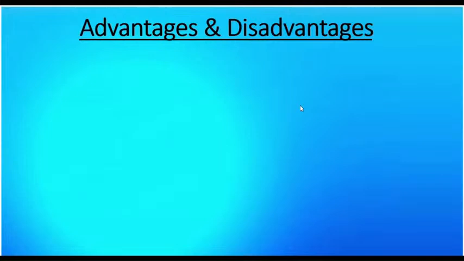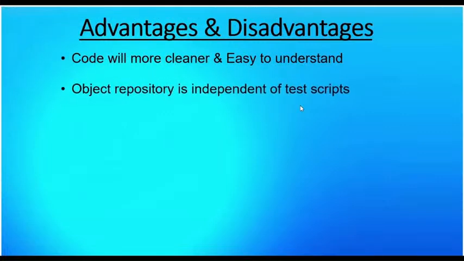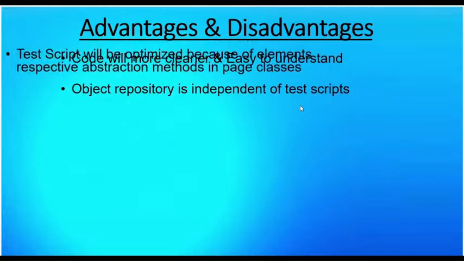So let's discuss what the advantages and disadvantages of using the page object model concept are. The code will be cleaner and easier to understand if you follow the POM concept. Then the object repository is independent of the test scripts, because the page classes contain the web page elements and objects, and with respect to that, abstraction methods which will perform actions on the same web pages.